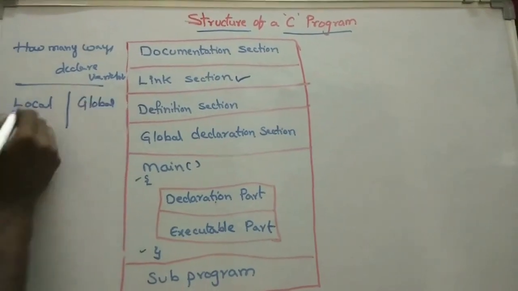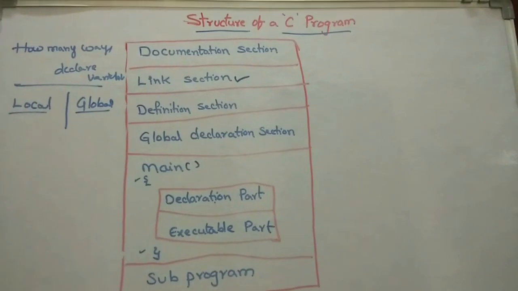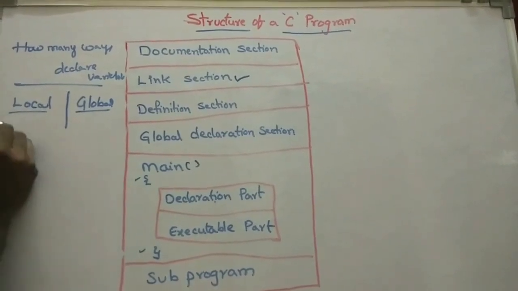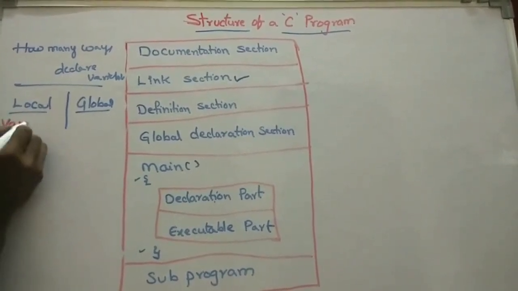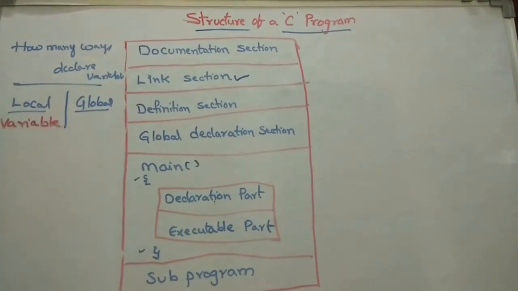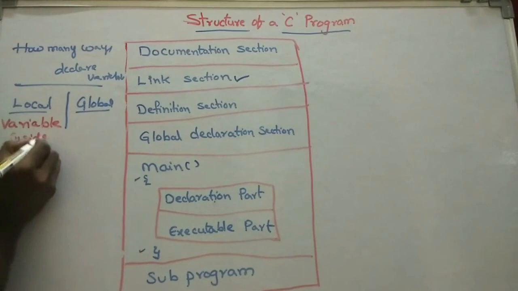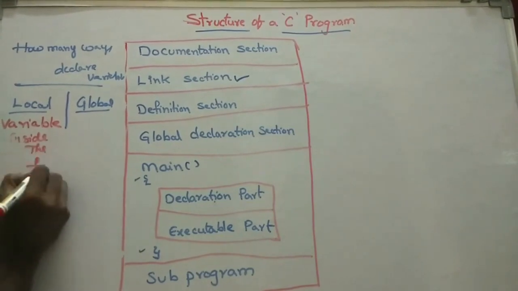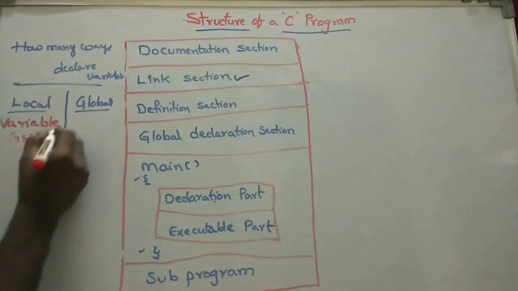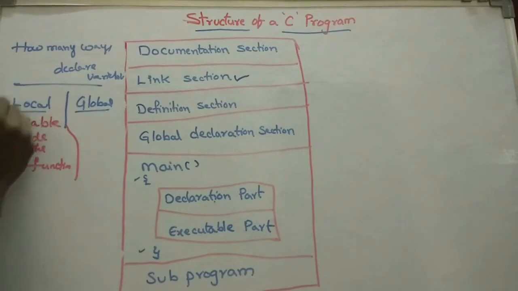What is meant by local? The variable which we declare inside the function is called a local variable.